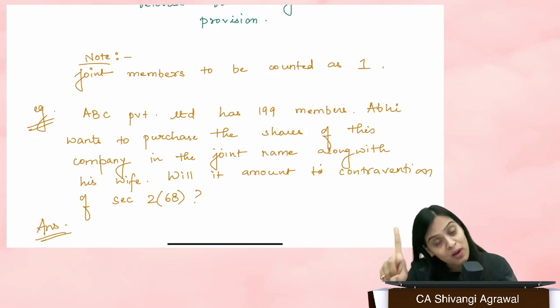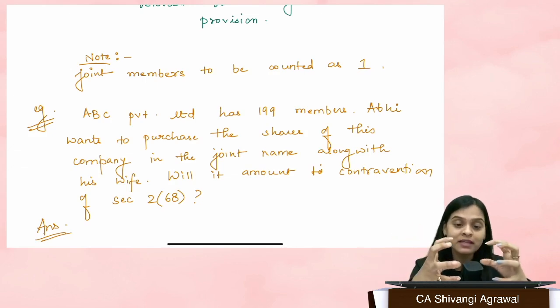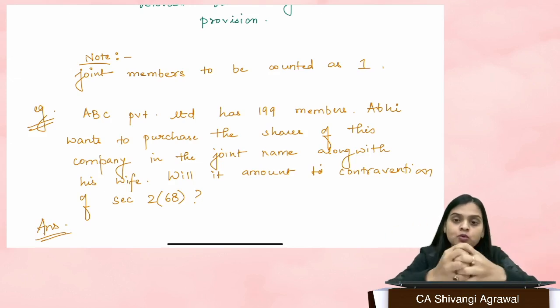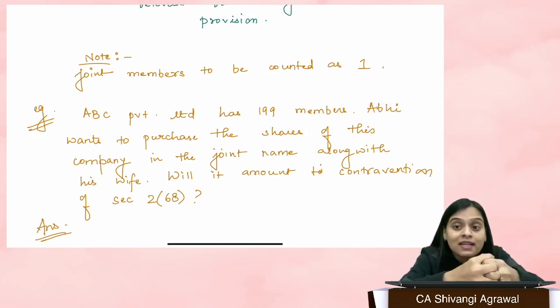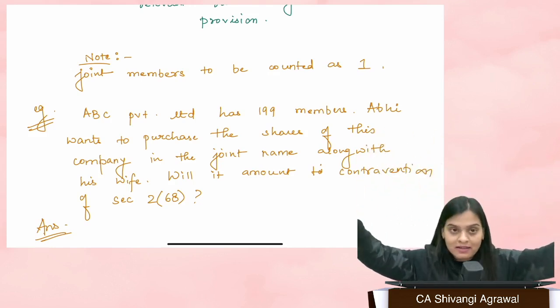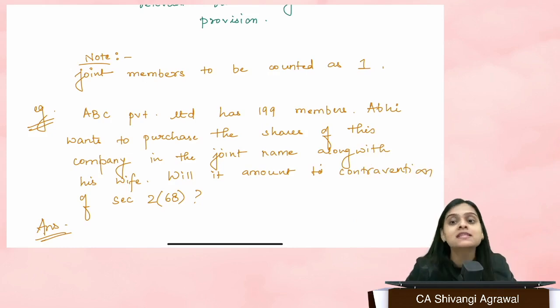199 plus one member, because Mr. Abhi and his wife are jointly holding the shares. It does not matter whether you are holding 1 share, 2 shares, 3 shares, 4 shares. You're jointly holding the share. Joint holders are one member only. How many shares a member holds doesn't matter; how many members there are, that matters.